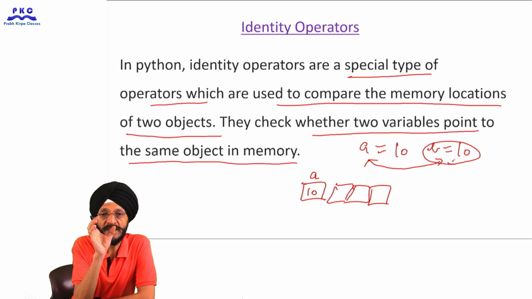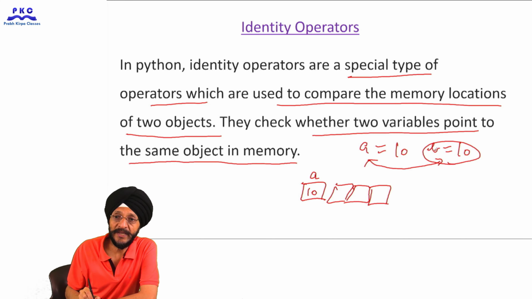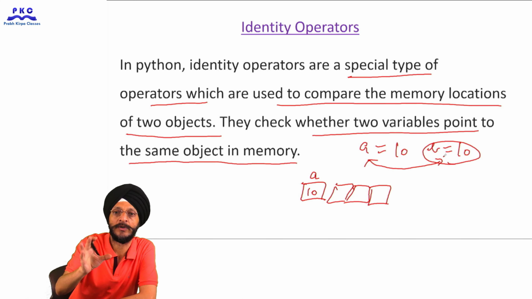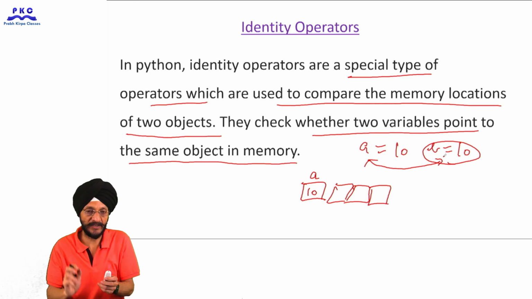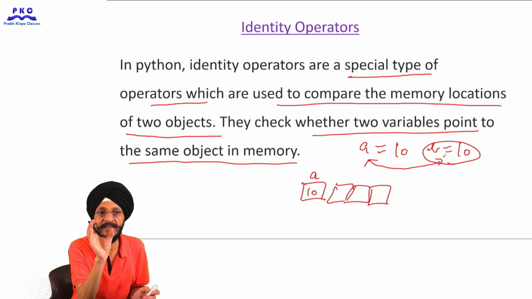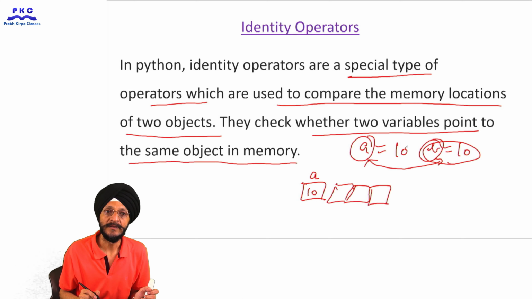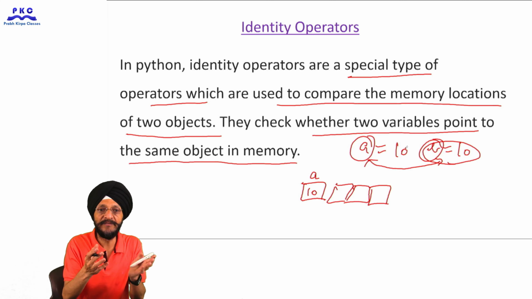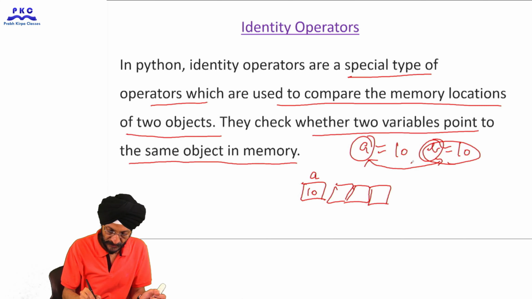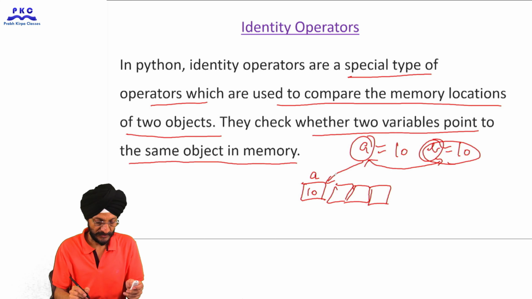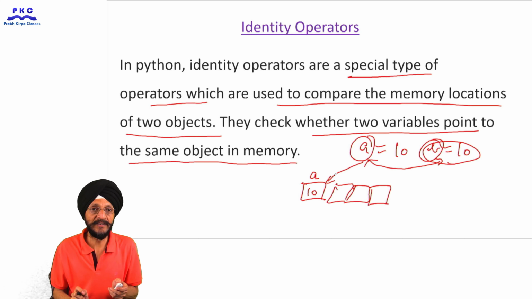So now this identity operator will find out whether the memory address of A and B is same or not. This is the question of identity operator. It will find out whether two variables A and B point to the same object in memory. This is the point we will discuss in detail.